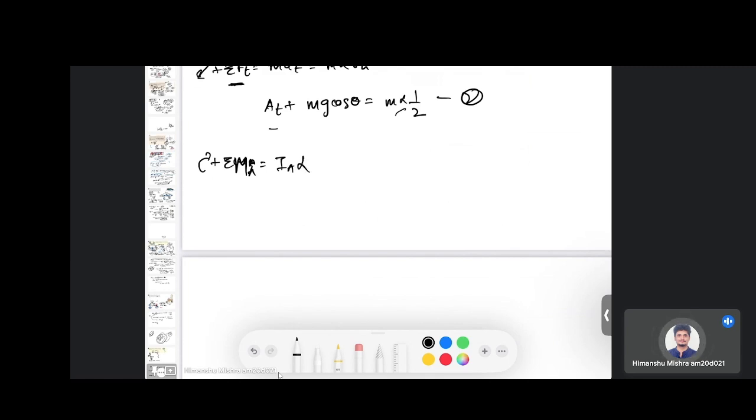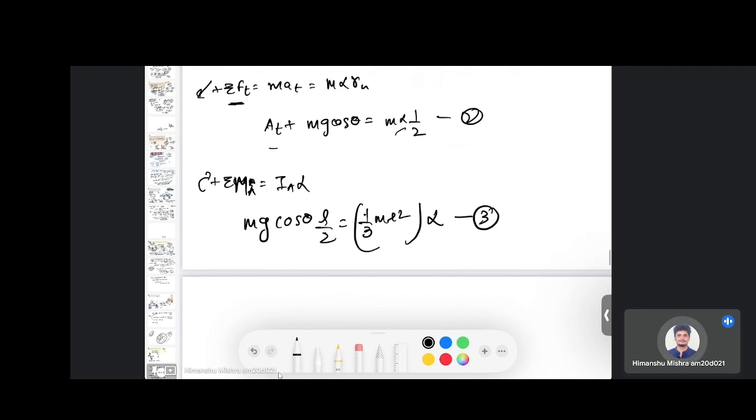Therefore, the summation of moment will not be zero. It is I multiplied by alpha. So the moment due to the weight, mg cos theta times L by 2, equals I, which is 1 by 3 m L square, my moment of inertia, multiplied by alpha. And this is equation 3.